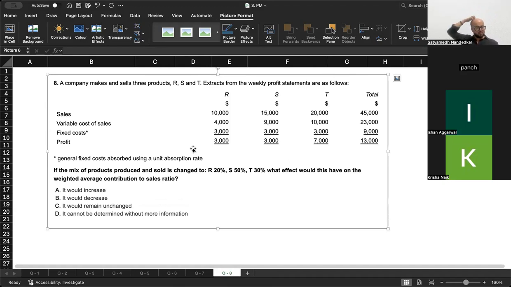If the mix of products produced and sold is changed to R20, S50, and T30, what effect would this have on the weighted average contribution to sales ratio? Weighted average CS ratio is total contribution divided by total sales. Now take 2 to 3 minutes, attempt this question, then we'll do it together. I hope you can see the digits on your screen. Please start.